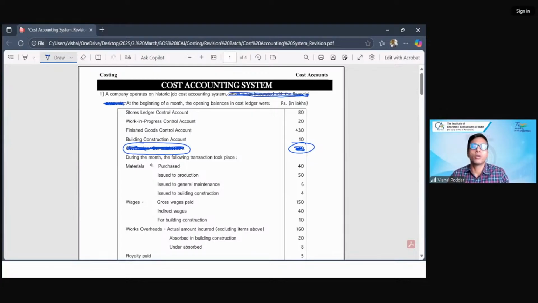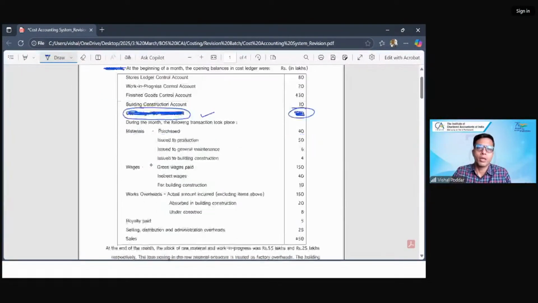So even if it is not given, still this sum becomes a sum of non-integrated. Why? Because this can be found out as a balancing figure. This is what we'll try in this sum. Let us say this balance is also not given as opening, but I can find it out by the simple accounting approach of a balance sheet.